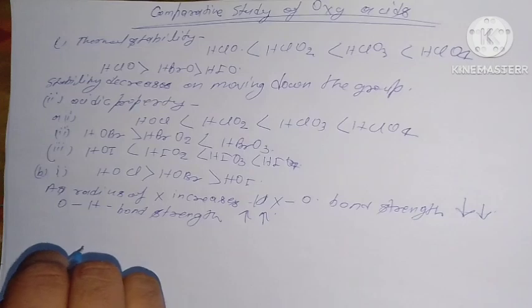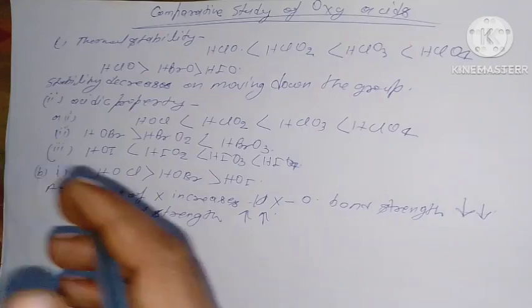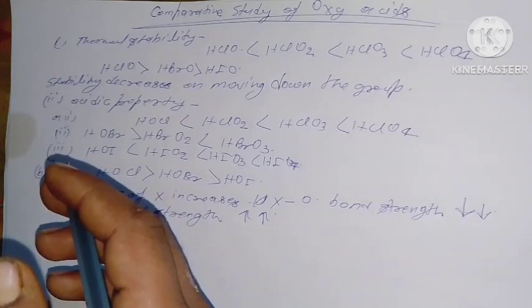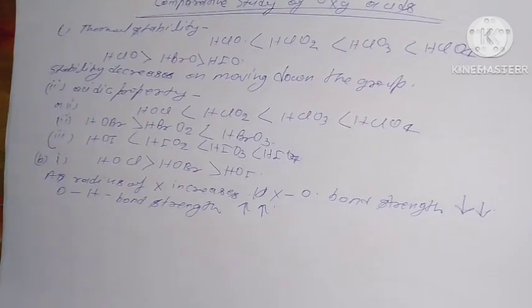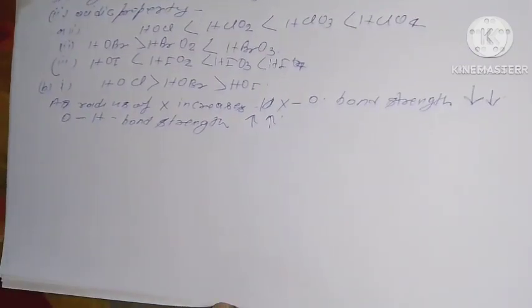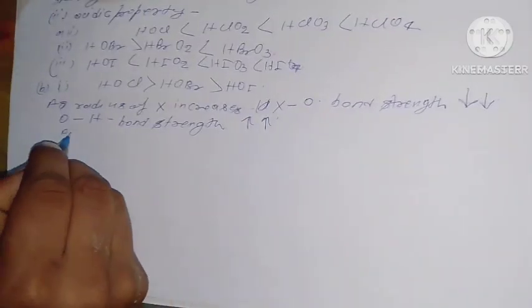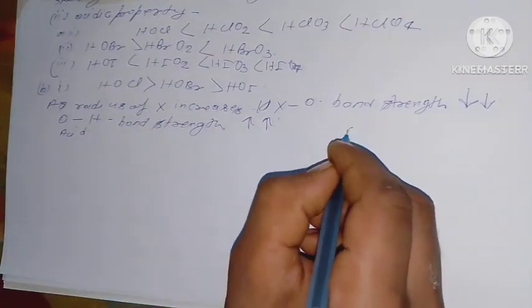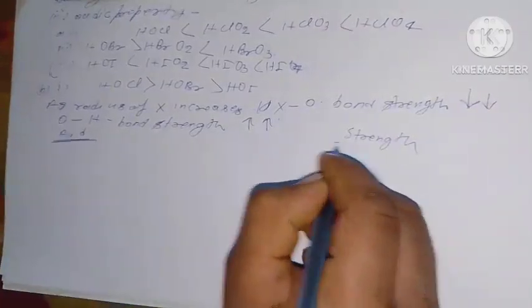Okay, similarly, the acid strengths can be compared using the formula XOMOHN, where M equals 0, 1, 2, 3. The acidic character is very weak at M equals 0. Oxidizing power, acid strength.